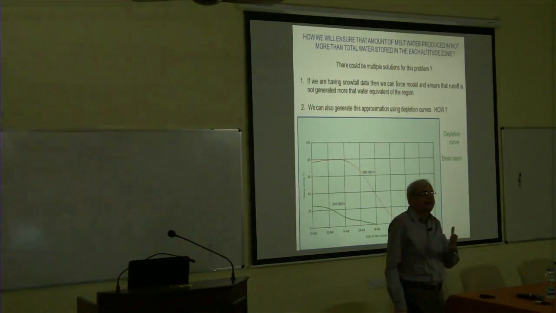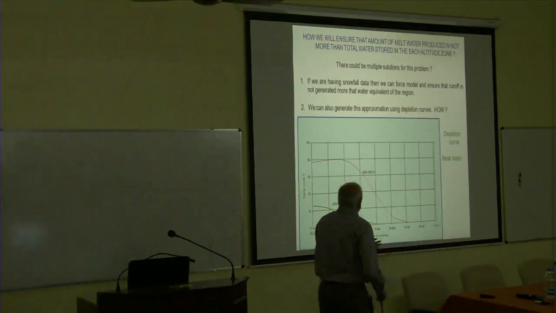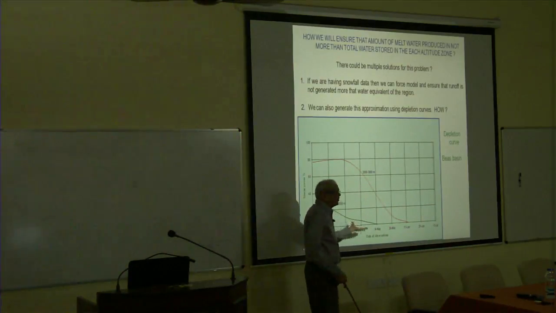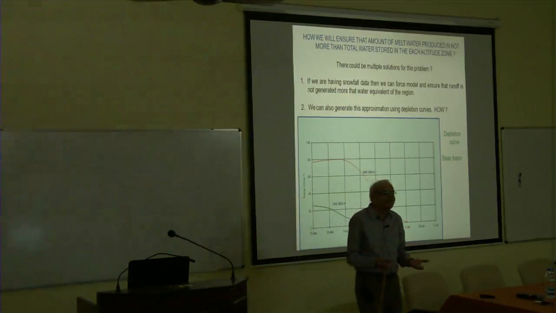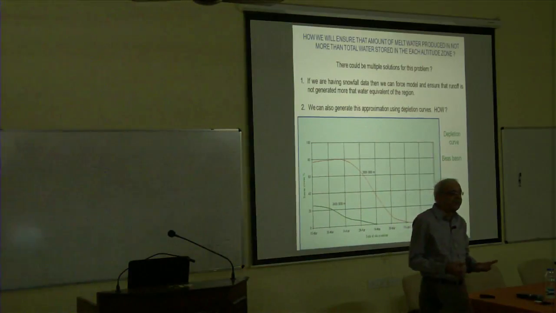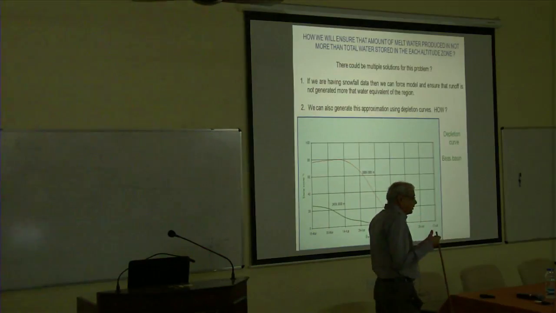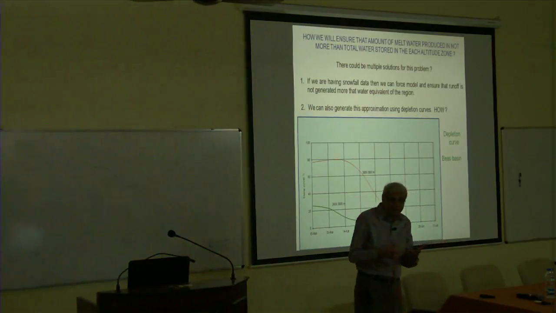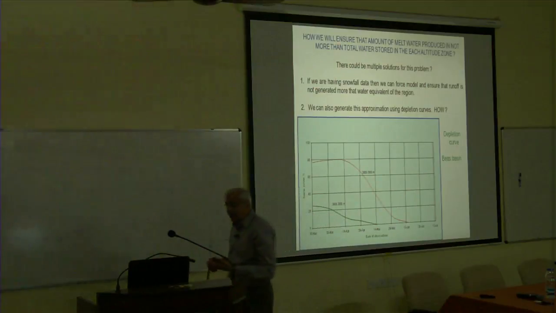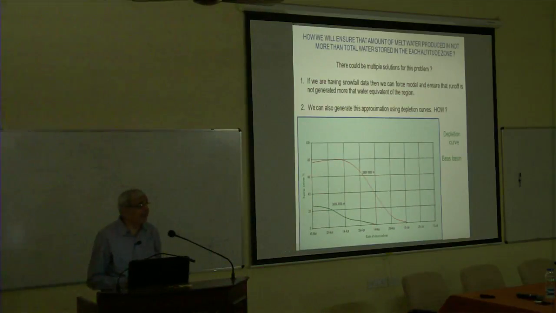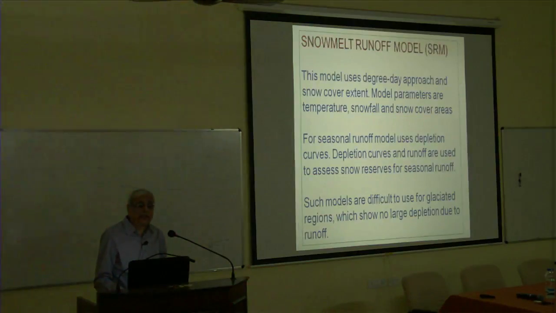If you have data for 10 years, 20 years, 30 years, then you will know how much water is produced from this altitude zone. So in some way you can constrain it, and you still fulfill the principle of conservation of mass, which says that you cannot produce more mass than what exists. So there are different ways you can do it.